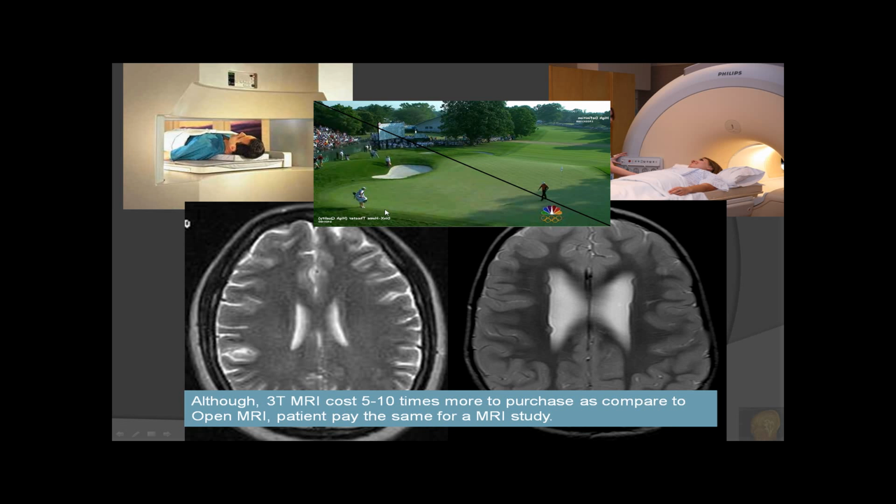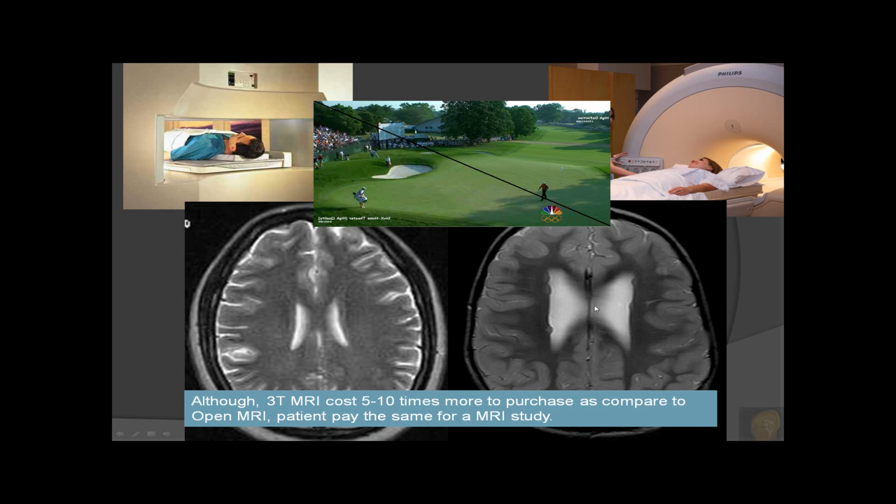So the result is an image of the brain where you can see the rough anatomy, but you have trouble telling the gray matter and white matter apart. The little white matter lines you can see on high field MRI, there's no way of seeing in the low field MRI here. Open MRI here, and this is a high field MRI.